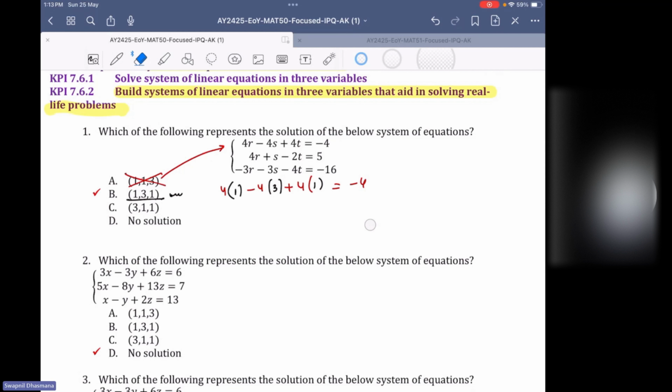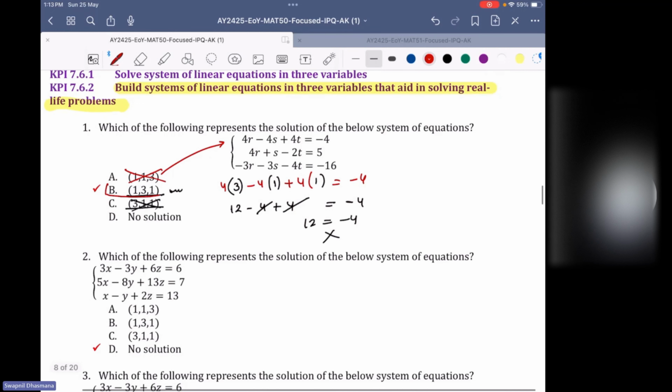Then you can replace it by the third option, which is 3, 1, 1. It will be 12 minus 4 plus 4 equals negative 4. So this is 12 equals negative 4. No. So this is not the answer. So you can verify for the second option, you can verify all three equations and you will get the answer. So this is when they are asking you MCQ.